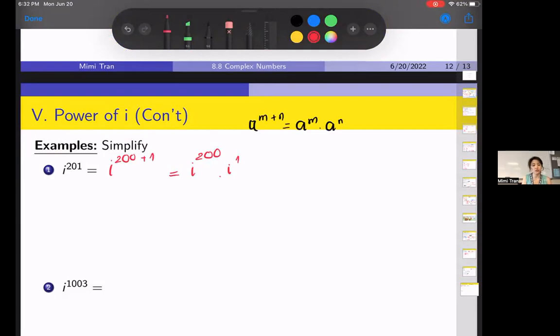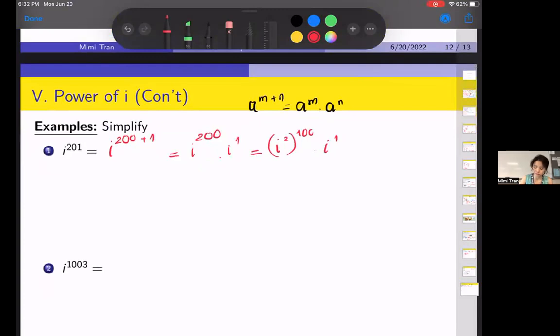Well, I to the 200 is I squared, to something outside. What number times 2 gives you 200? Well, 100, right? And then we write I to the first. What does I squared equal? Negative 1.